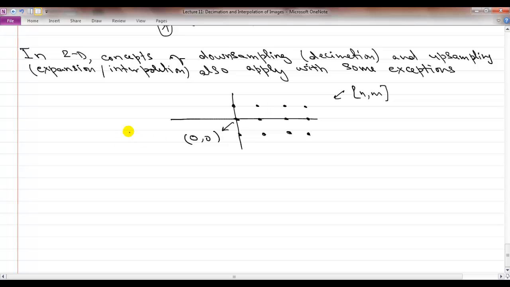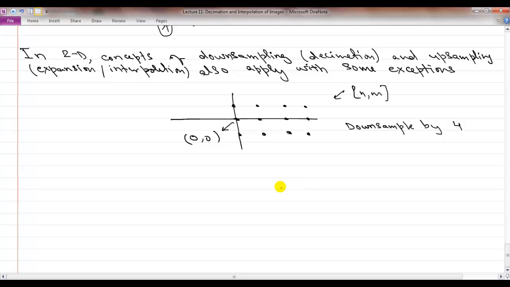And what I want to do is downsample by a factor of 4, which means that for every 4 samples, I want to keep 1 sample and throw away the other 3.